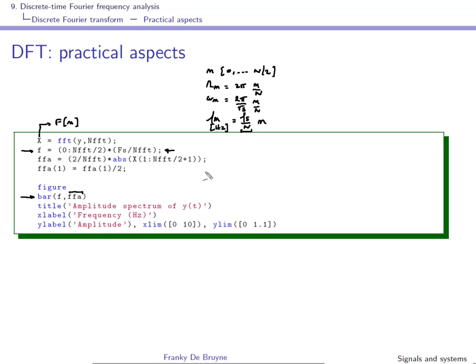In this case, fs is equal to 100 Hertz, right? So we can look at the spectrum up to the Nyquist frequency, which is 50 Hertz, but we have limited the spectrum to 10 Hertz because we expect a spectral line at 1 Hertz, and since we have normalized by 2 over N, we should see a spectral line of amplitude 1.